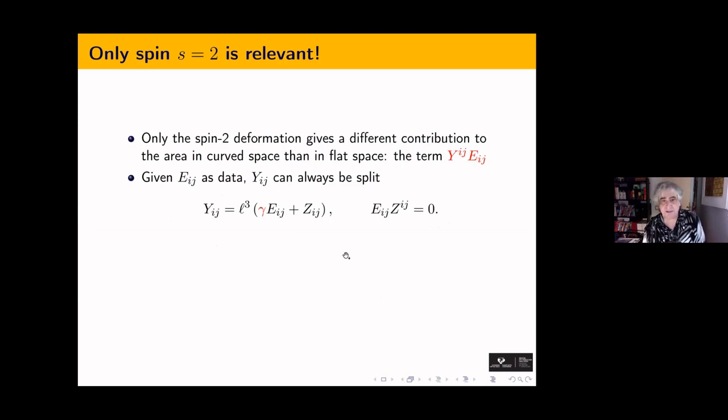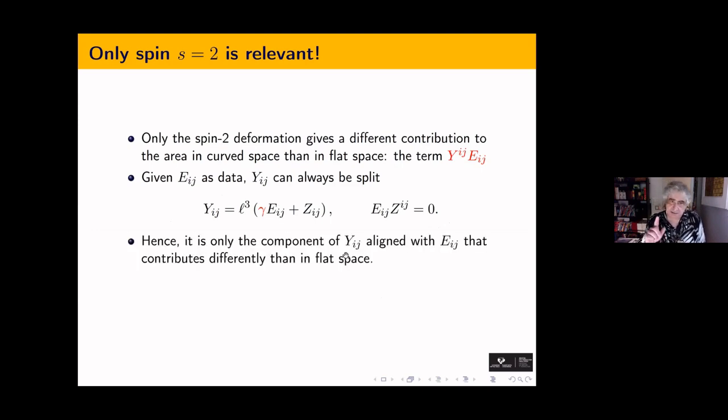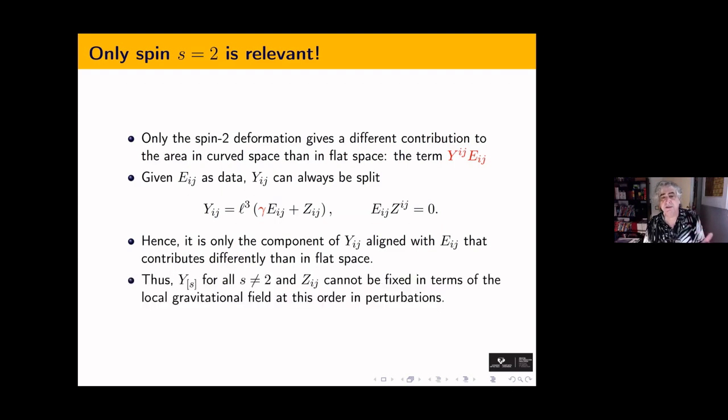Now this part, the Z part, does not contribute either to the area deficit. So it's only the part of Y which is aligned with the electric part of the Weyl tensor that gives a different contribution. So we can remove all the deformations for spin different from 2.